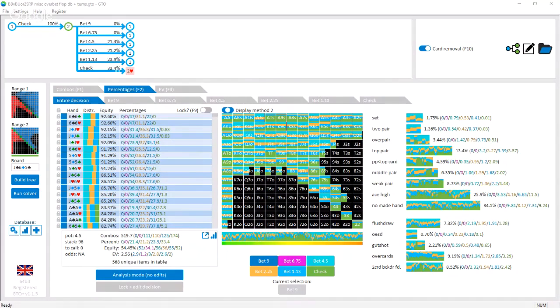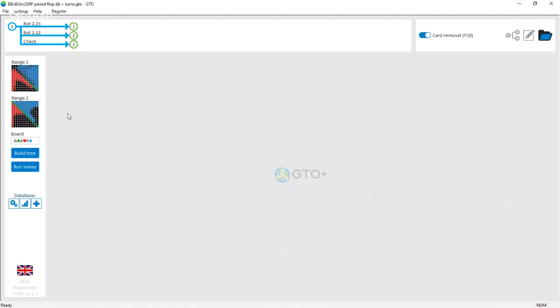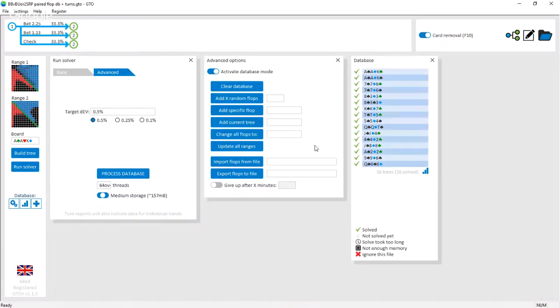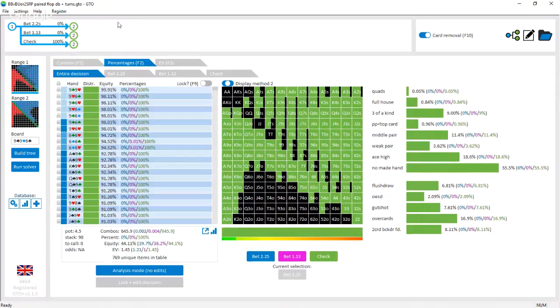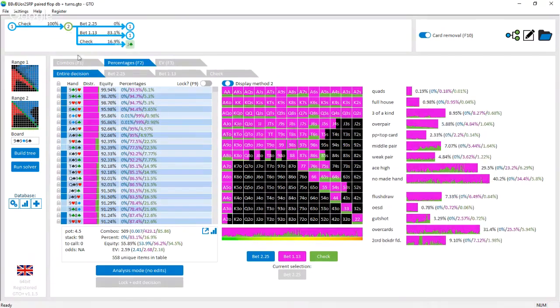So we can look at these paired boards. So here we can look at some counter examples. So here we've got some donking for both players. So for example, on 996, here the out-of-position player has the option to bet or check, but they choose to check everything because the in-position player is betting so often.